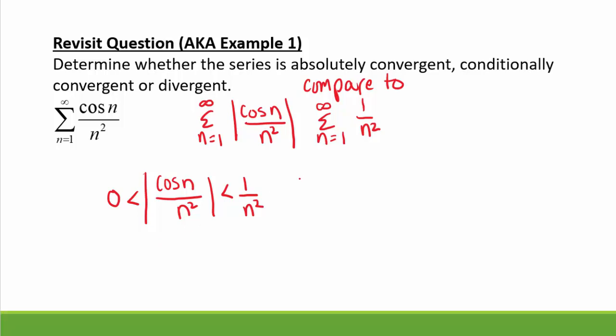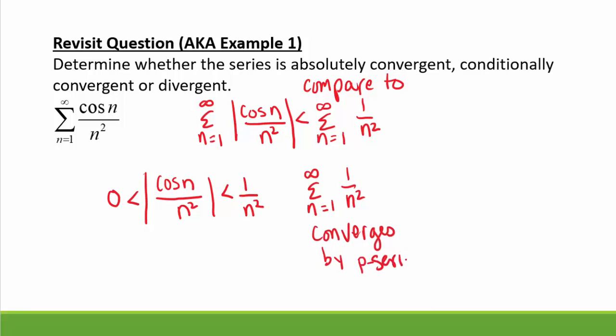So now looking at this, using the direct comparison test, we know that function's smaller, so we look at what happens to this series. And this converges by the p-series test.